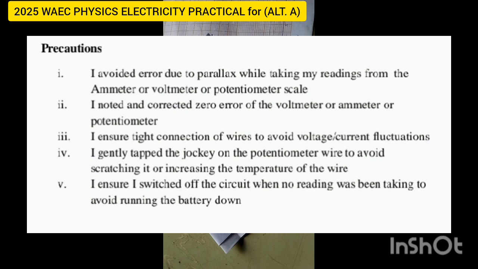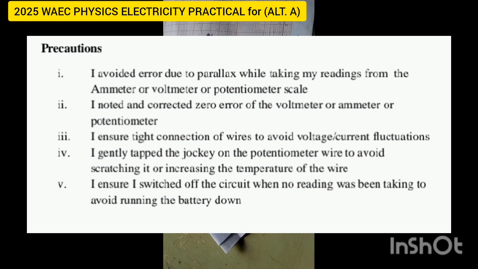And of course, you know what happens when you increase the temperature. The resistance increases. Now, the next one is you can say that I ensured I switched off the circuits when no reading was being taken to avoid running the battery down.